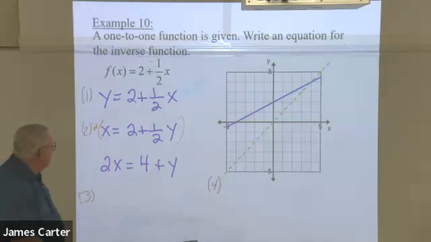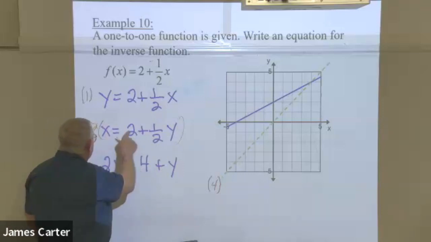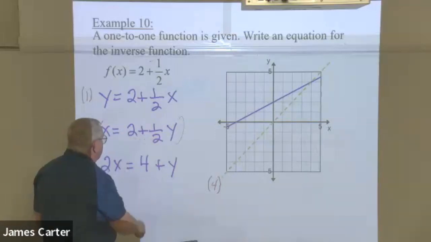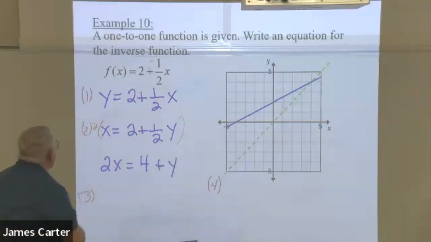So 2x here, they got 2 times 2 is 4, 2 times a half is 1. That's the way they did that.